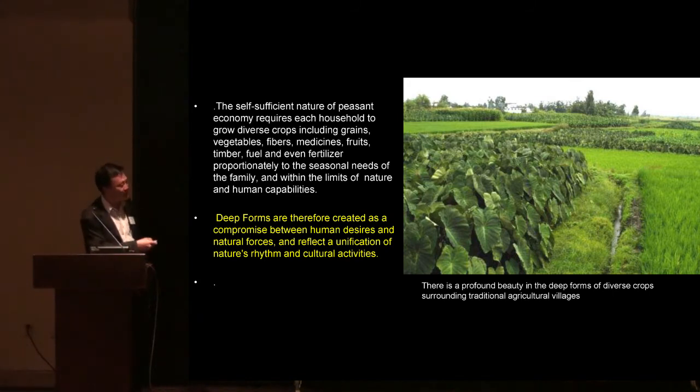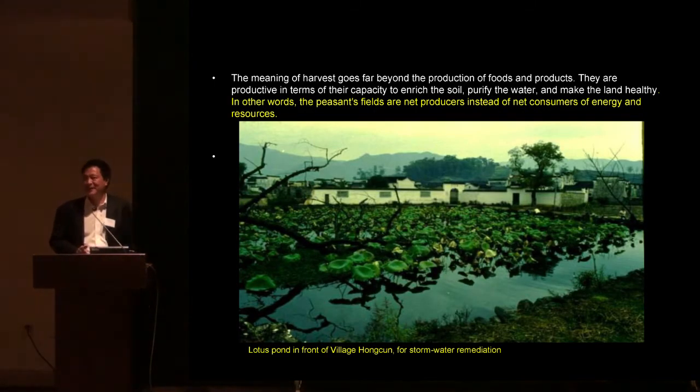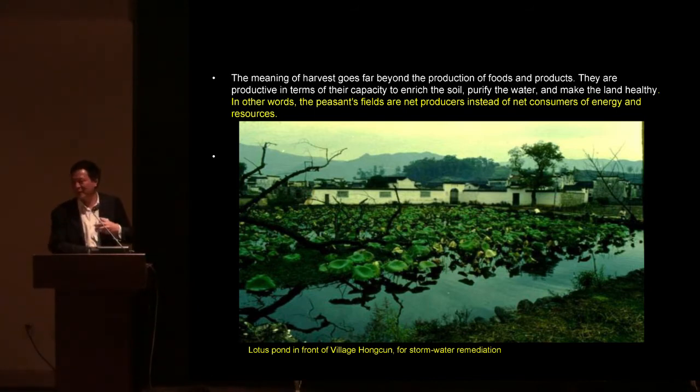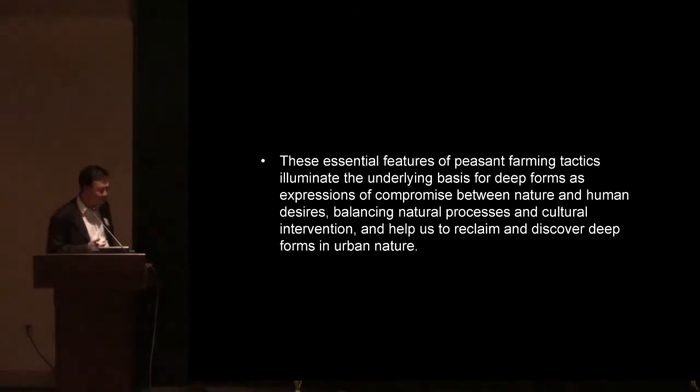So you can see the diversity near this village is actually a compromise between nature's and humans' desires. And certainly productive doesn't mean just grains or medicines. It can even be other things, like cleaning of water. In this case, the village pond actually functions as a purification pond, not merely for production.